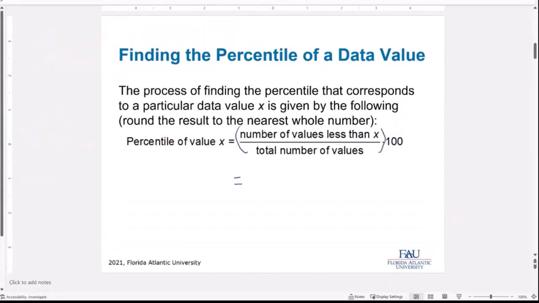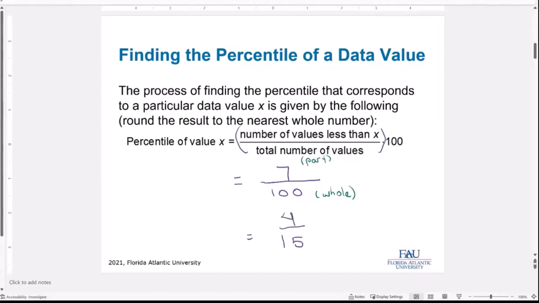Let's say I have 100 values and 7 of them are less than 10. This is the part over the whole. What if I have 15 pieces of data and I want 4 of them?